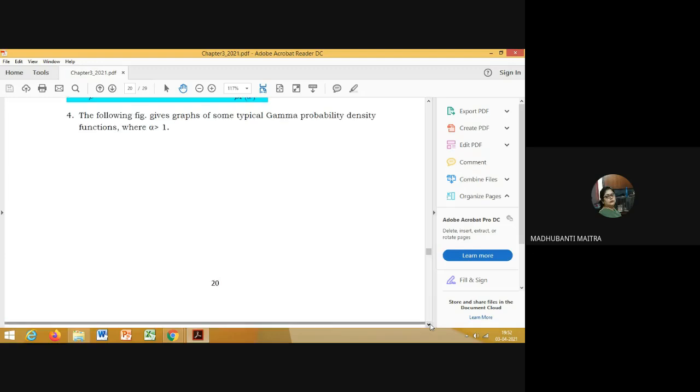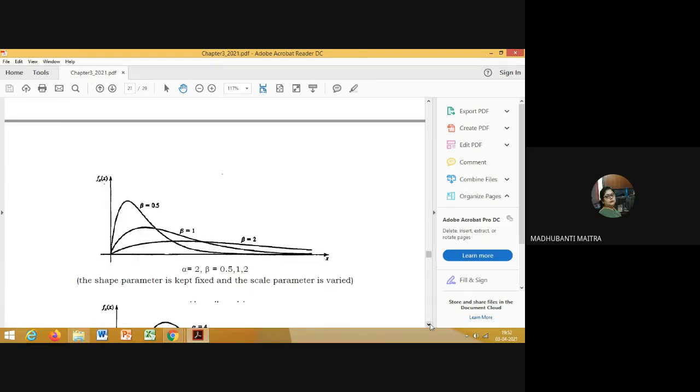And now let's see different density functions for a gamma distributed random variable. So here alpha is equal to 2. The shape parameter alpha is kept fixed at this value 2, and the beta values, the scale parameters, are 0.5, 1, 2.